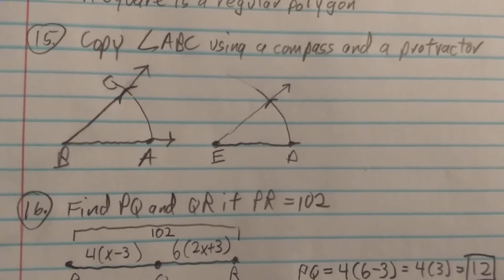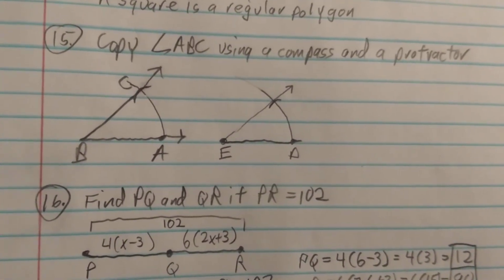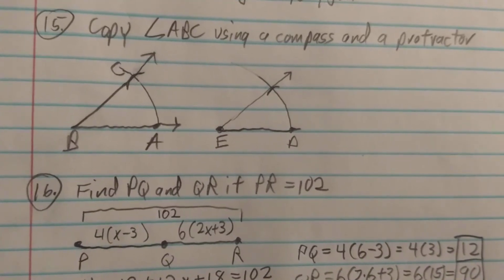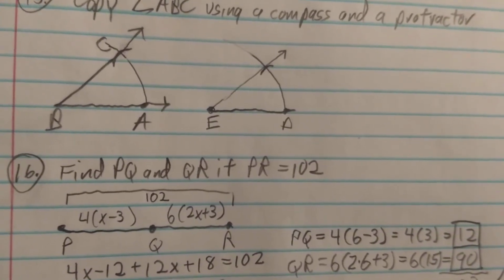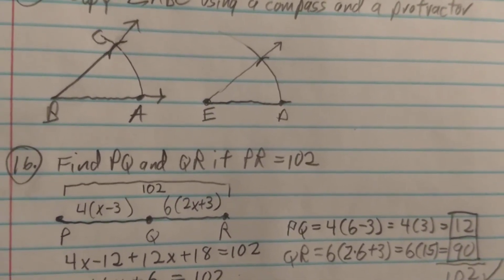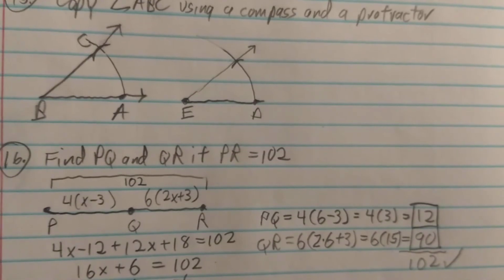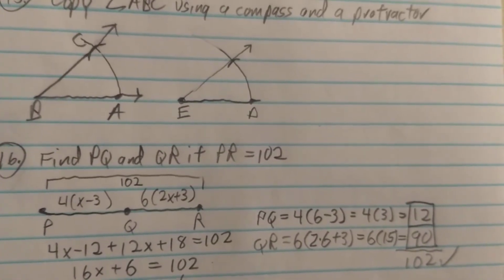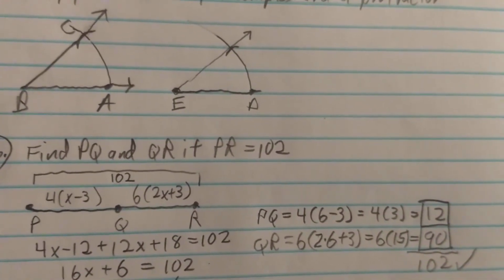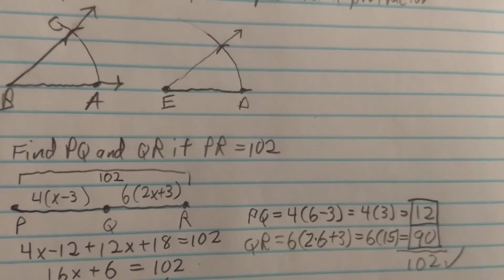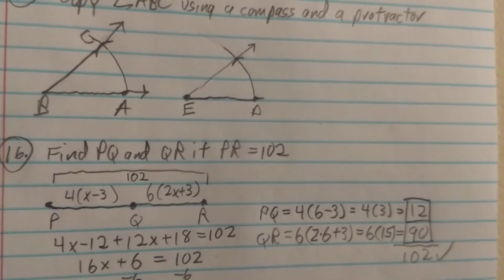Now to copy angle ABC using a compass and protractor, we look at the angle that's printed in the test and we put the point of our compass at B and make an arc from A up towards C. And then we go over to the thing that we're copying to and we have drawn a line already from E to D, and we put our compass point open to the same distance it was from B to A, from E to wherever it falls on that line, and make the same arc up towards where we think it will be, and then a little more as we did over on AC.